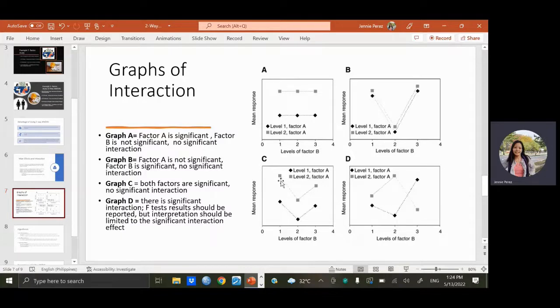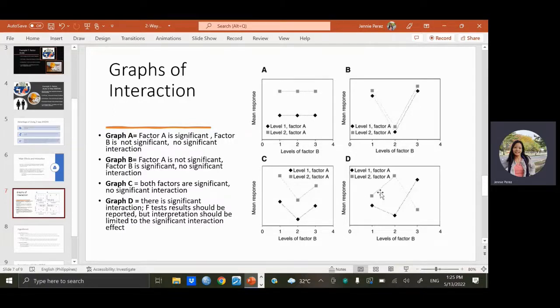You can see that level 1 for factor B is high, and it goes down for level 2 of factor B, and it goes up again. So they are different. So the two factors are significant. They have significant main effects, but no significant interaction.